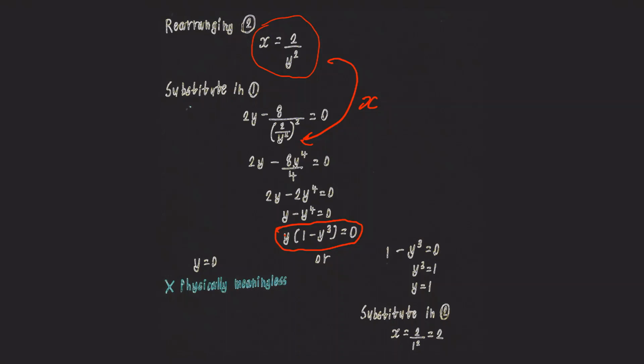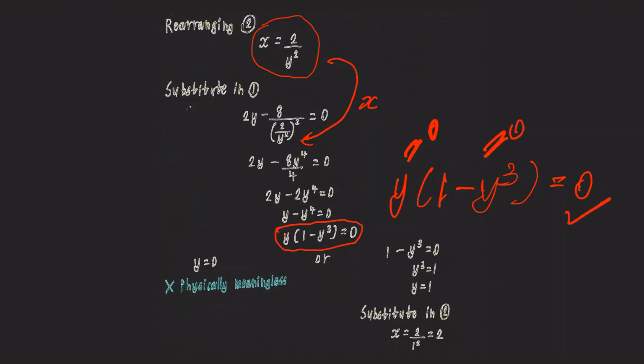So let me just write that out: y(1 - y³) = 0. So that's what we have, and then from the null factor law, obviously, at least one of these should be 0. This should be 0, or this should be 0 for this to be true.